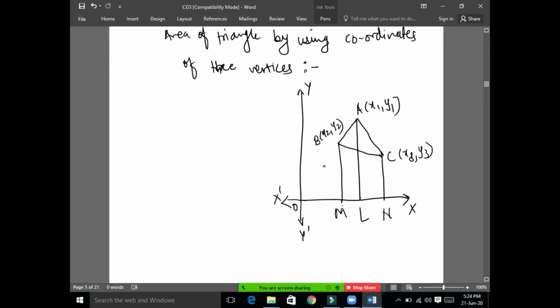Whatever we have drawn in this figure, we have to make a note of it. We have to find the area of triangle ABC that is formed in this plane.